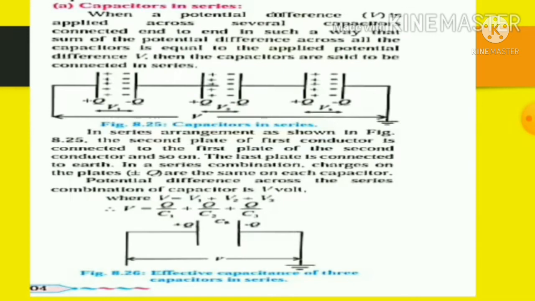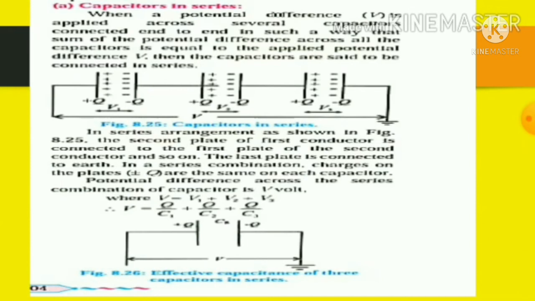Substituting all these three values in the above equation, it can be written in this way. Therefore, V equals Q upon C1 plus Q upon C2 plus Q upon C3.